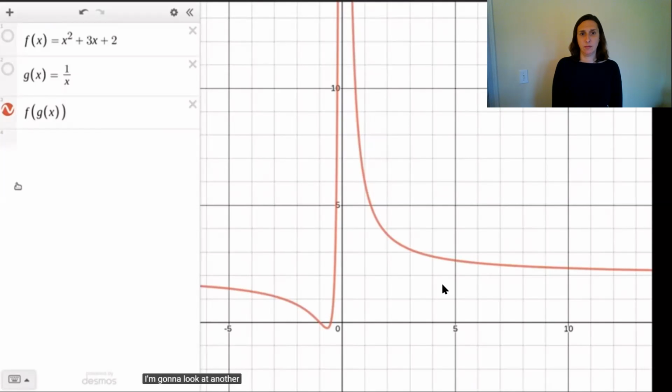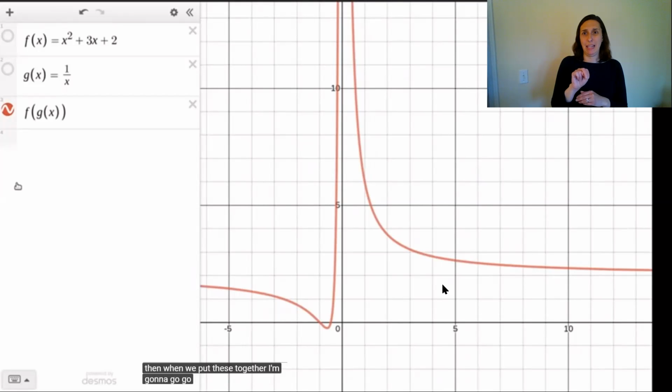I'm going to look at another one, and I'm going to focus a lot on the domains. When we put these together, I'm going to go through putting the symbols of functions together. We'll take a function pair and compose them, and we'll do back and forth. We'll look at f of g and g of f for a couple functions, and our focus will always be on the domain pairs and how the domain works its way through.